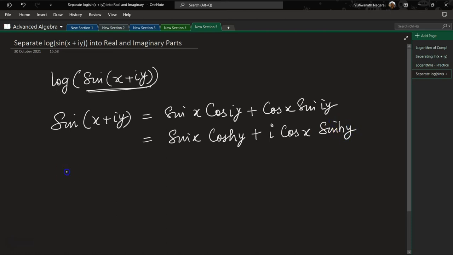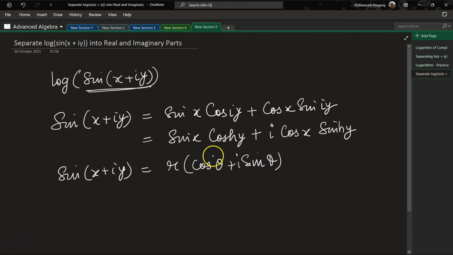Now we also know that sin of x plus iy can be written in the polar form as r times cos theta plus i sin theta. So let's equate the real part and the imaginary part.